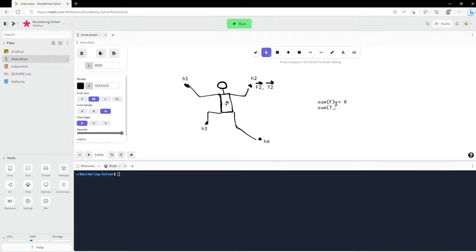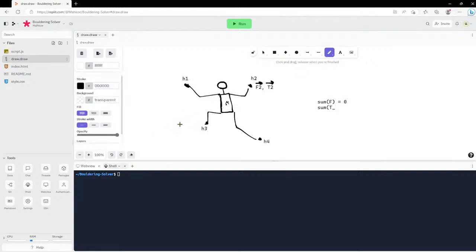I need a name for this. Because the sum of all the moments around a particular point, right? A moment has to be measured around a point. So we could take all the moments as measured around the center of mass, for example, something like that.